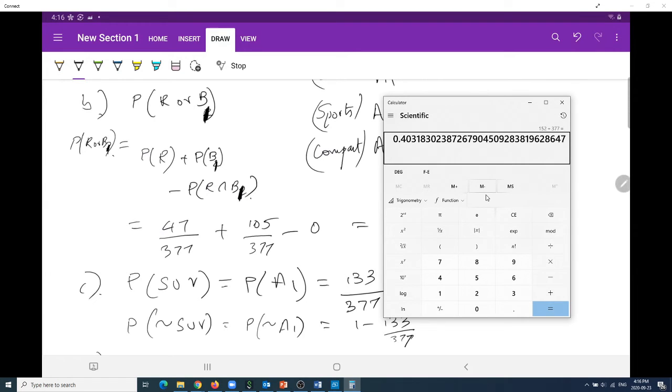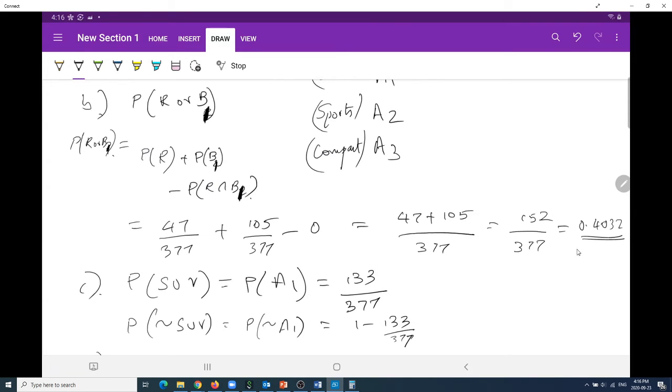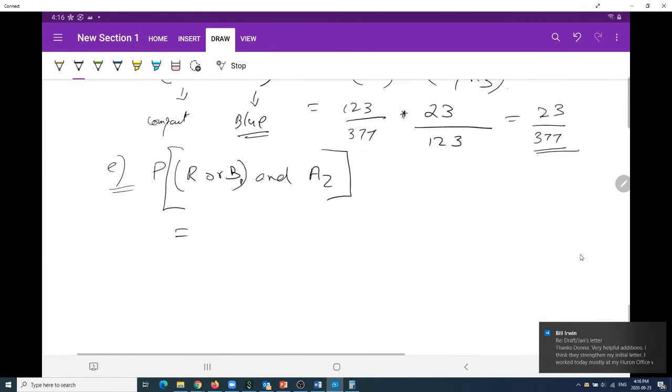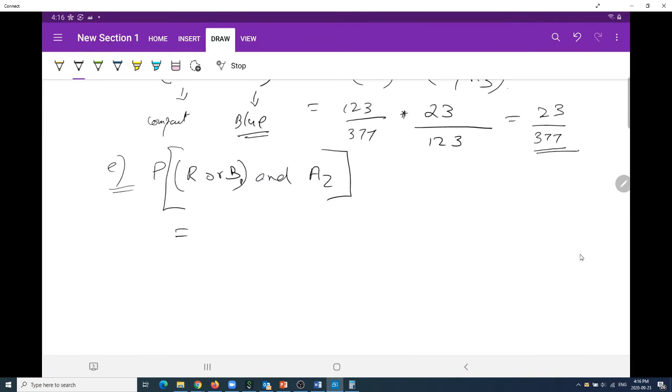That is 0.4032. So that's your actual value, and that's your probability of R or B1.